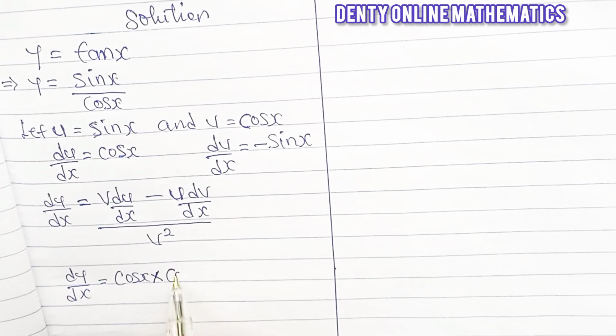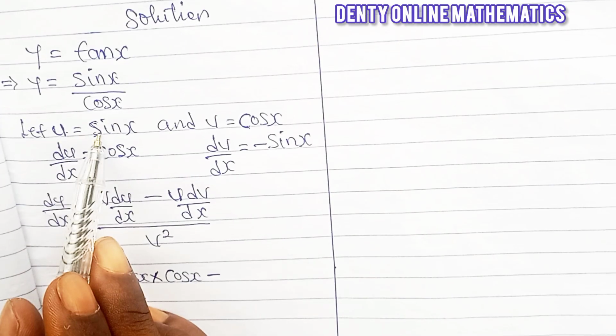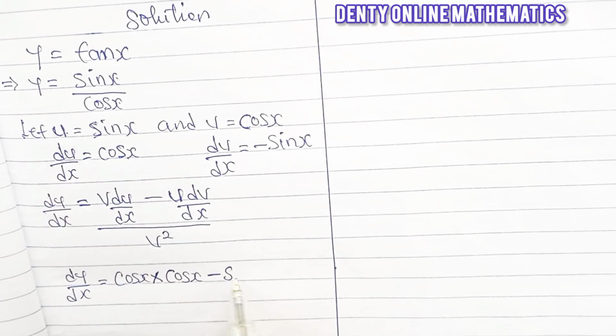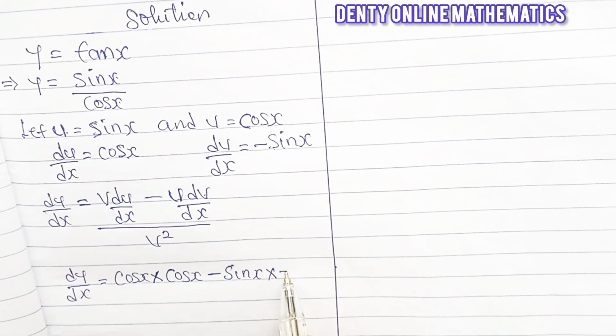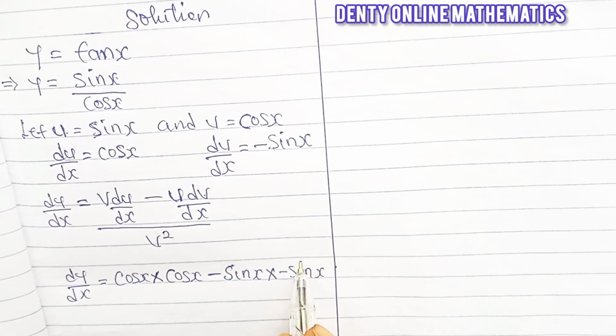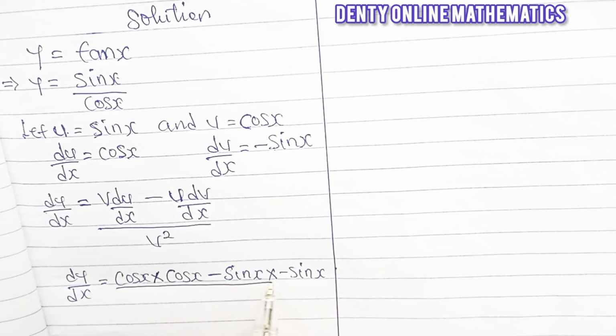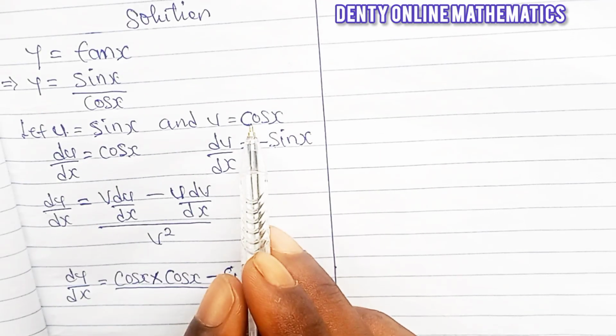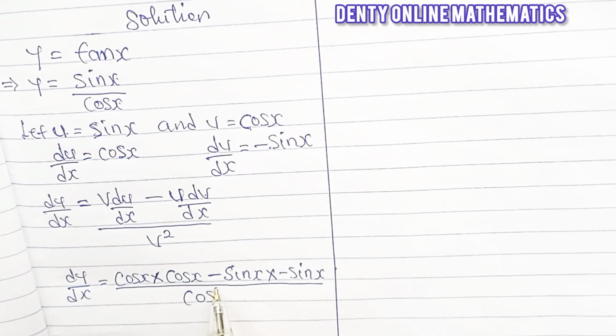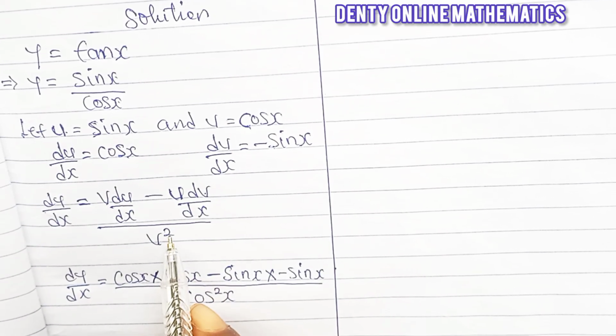So cos x times cos x minus, what's our u? Our u is sin x. So sin x times dv dx. Our dv dx is negative sin x. Now all over v squared. Our v is cos x, so it will be cos squared x, because it's v squared.